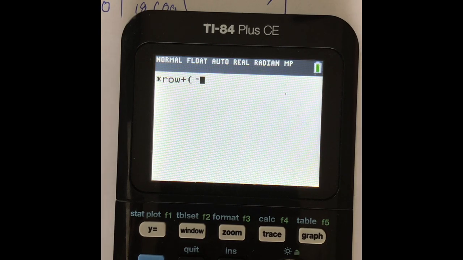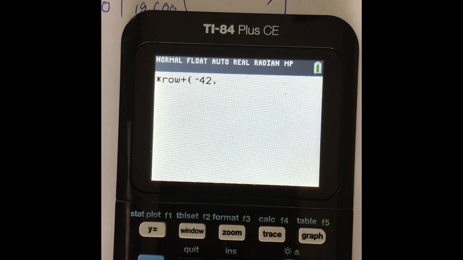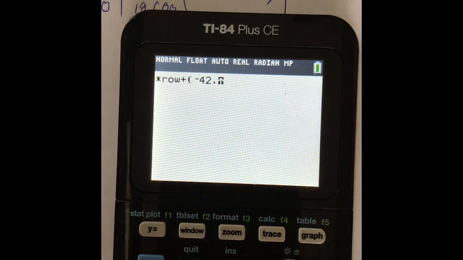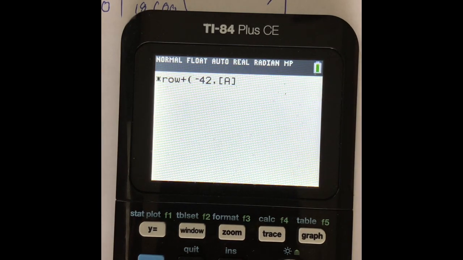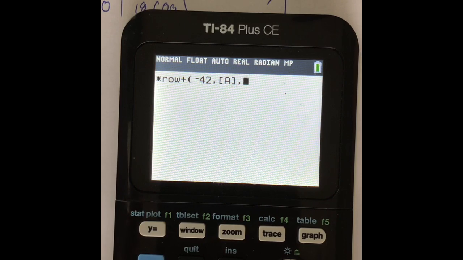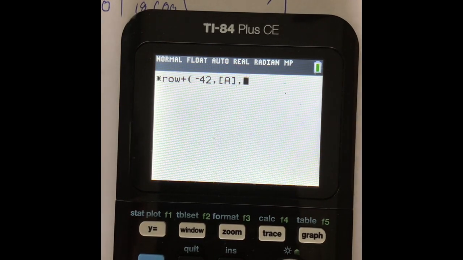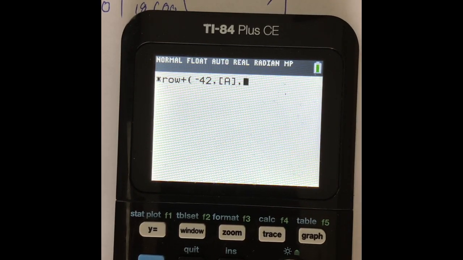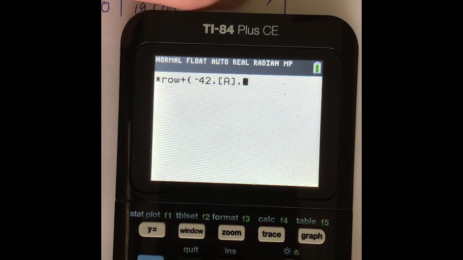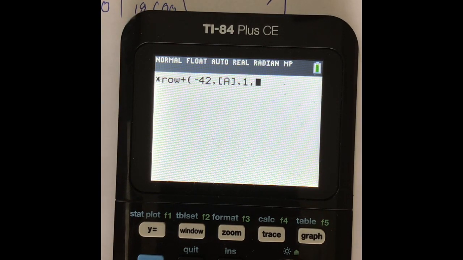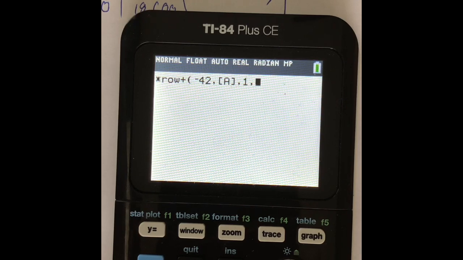In this case it's minus 42. The second entry is the matrix we're working on, which is matrix A. The third entry is the row that's being multiplied by negative 42, which is row 1. So we put in a 1. And the fourth parameter here is the row that's going to be changing, which is row 2.